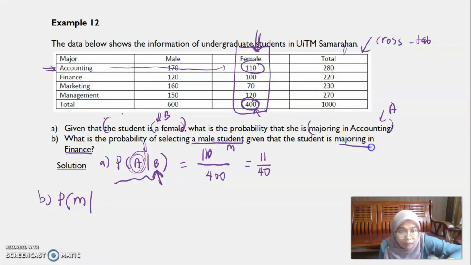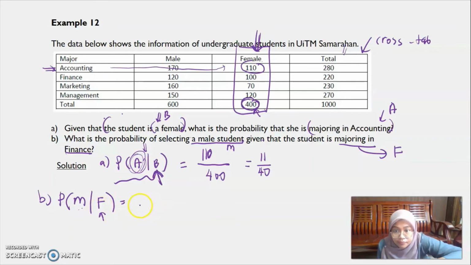I name the event of selecting a male student as event M, and the event of majoring in finance as event F. So now I want to figure out the probability of M given F, the probability of selecting a male student given that F has already occurred.